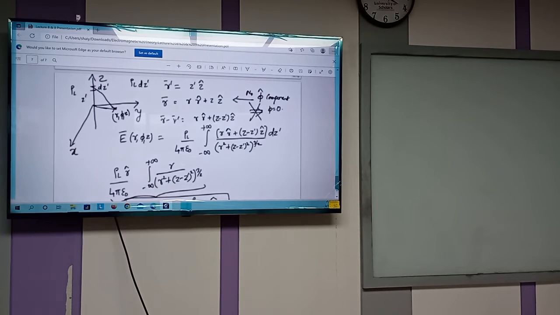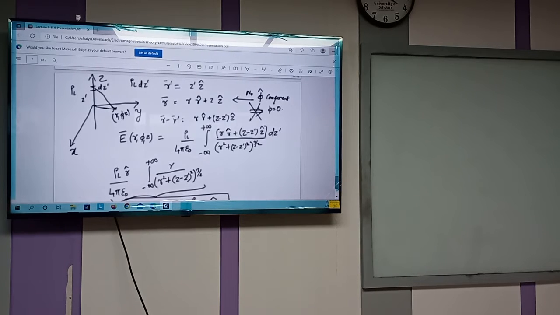I again consider a line segment at a height of z bar from the z equal to 0 plane, starting from the horizontal plane, okay?